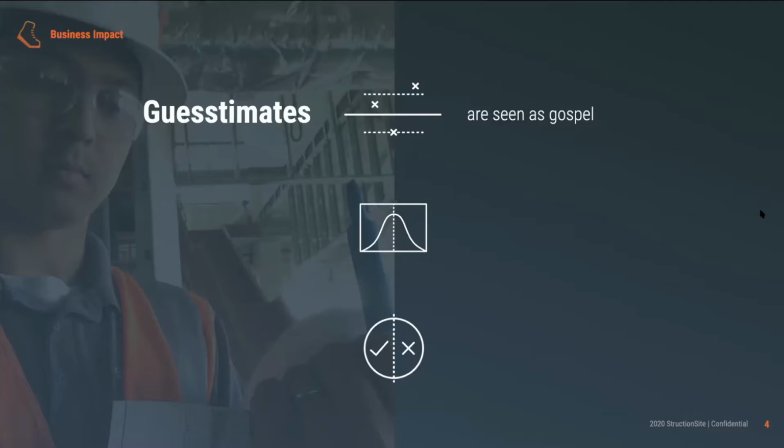So as we all know, production tracking is an extremely manual process, and guesstimates are seen as gospel. And when I say that, I mean that it's up to the human who's doing the tracking to track it accurately and consistently. And what we found is that every job is tracking slightly differently using a variety of different tools and different perspectives in it.